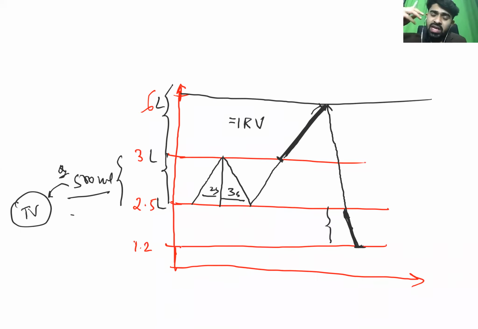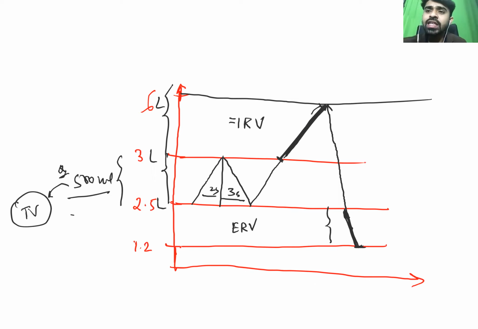The maximum amount of air I can forcibly expel. It's not residual volume. This is expiratory reserve volume. This expiratory reserve is that I can expire that air, but it was kept in reserve. Right now I am exhaling that air. Are you getting me? Yes, sir. So this is called expiratory reserve volume.